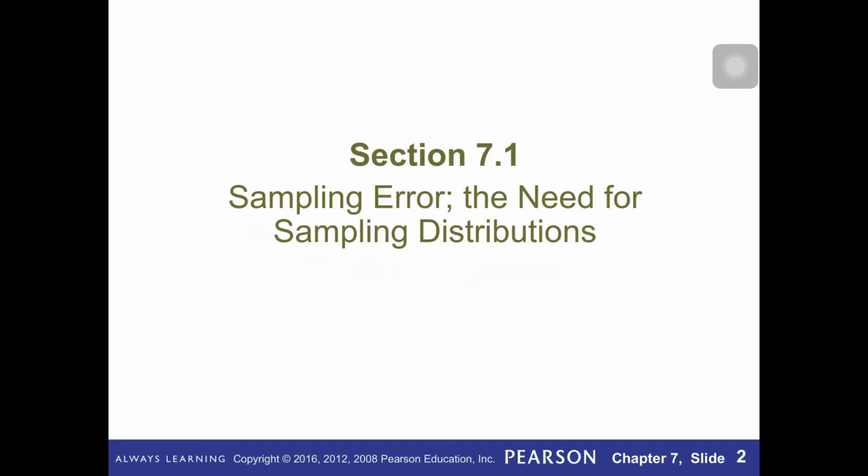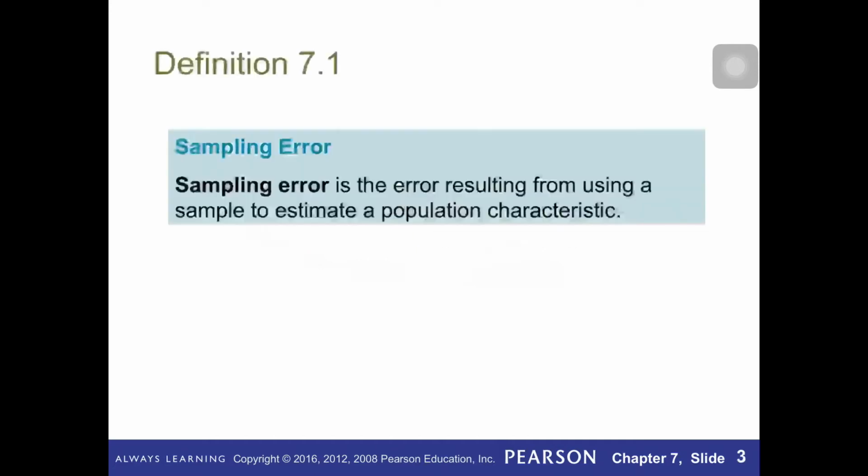Under this chapter, the first section is sampling error, the need of sampling distribution. So let's see what sampling error means. Sampling error is an error resulting from using a sample to estimate a population characteristic. You remember that we estimate the population using a sample.